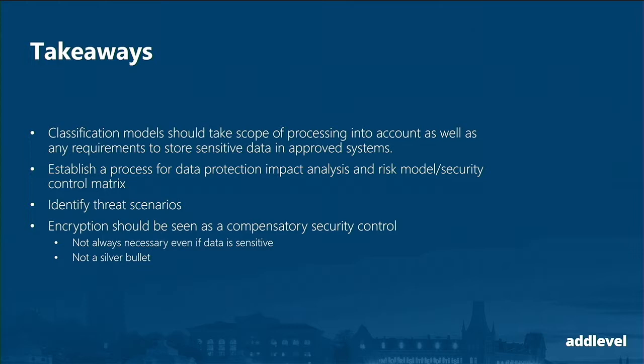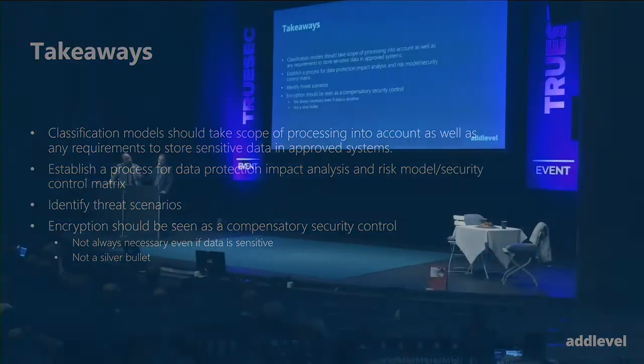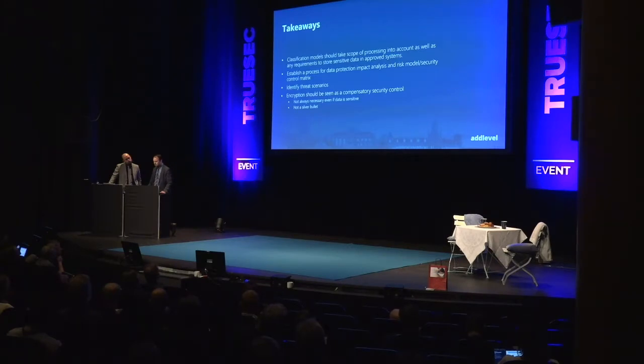The next thing is to establish a process for data protection impact analysis, a risk model, and a security control matrix, so you can easily define the specifics that we want to implement for this type of data. And then also define a process for the risks that should trigger more impact analysis, and talk then with lawyers. Yeah, that's an important one. And then identify the threat scenarios.